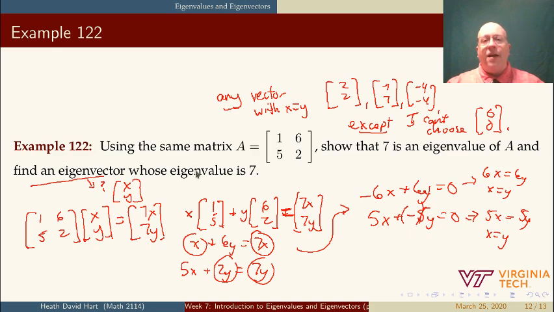So we have to find an eigenvector whose eigenvalue is 7. Any vector where x equals y turns out to be a correct answer.